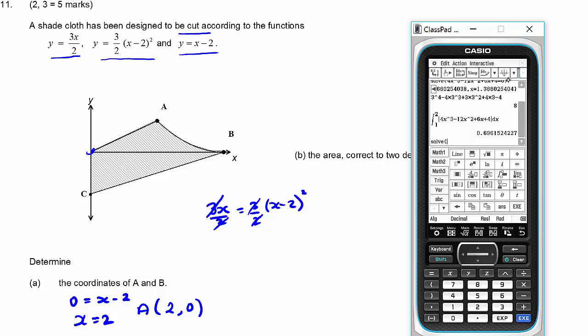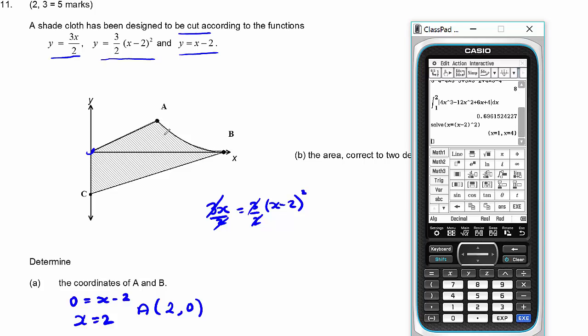And then we have x is equal to, and in brackets we have x minus 2 squared. As I'm typing it in, I'm realizing that the answer is somewhat obvious.